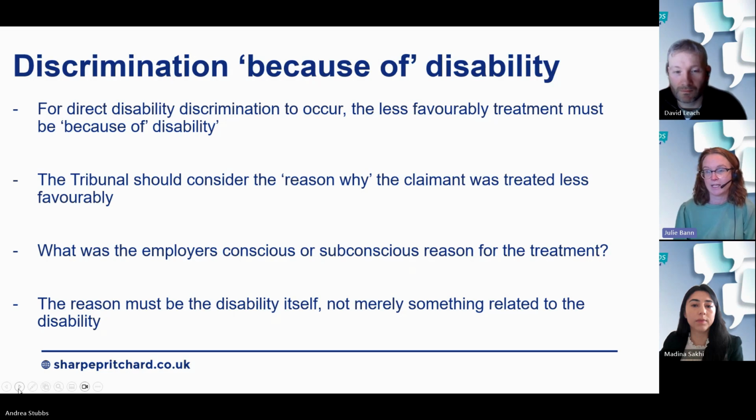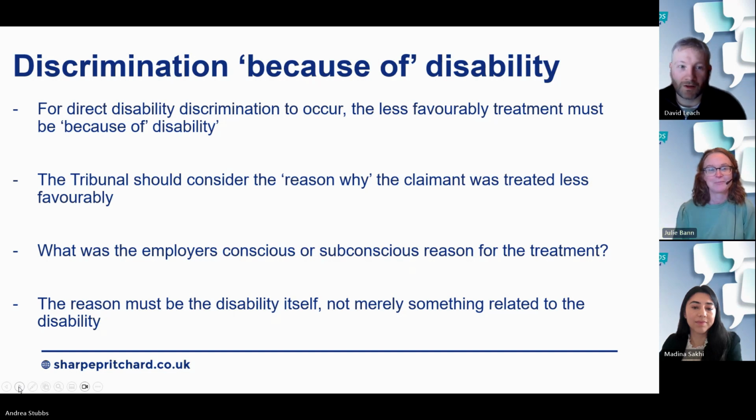It's more likely that it is something entirely different. It still might be unfair, but it's something entirely different. And when you get a direct discrimination complaint, that's the bit that you need to focus on: is there a causal connection between the disability and the alleged act?